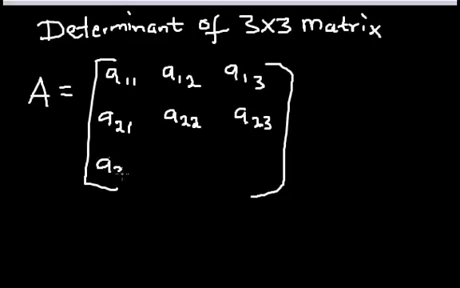Okay, then A31, A32, and of course A33. Okay, so I'm having this as my matrix.